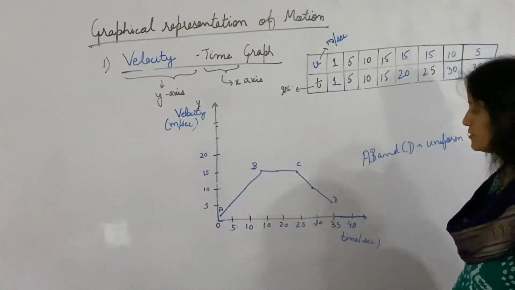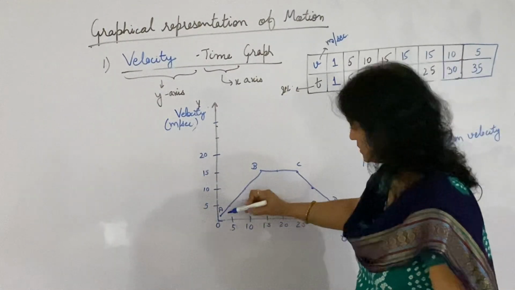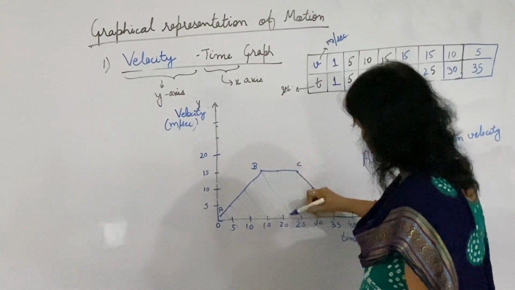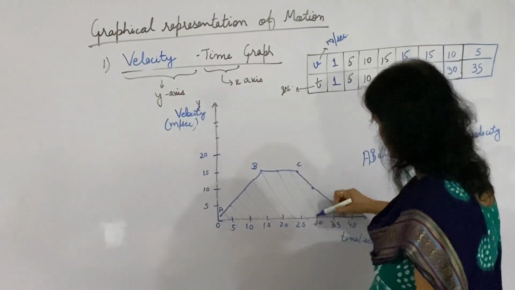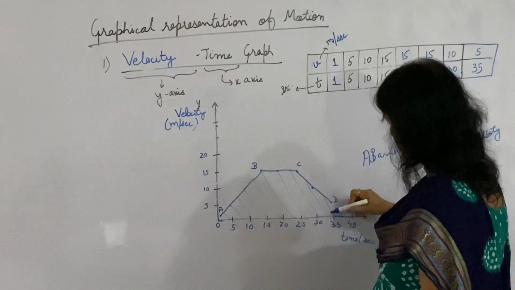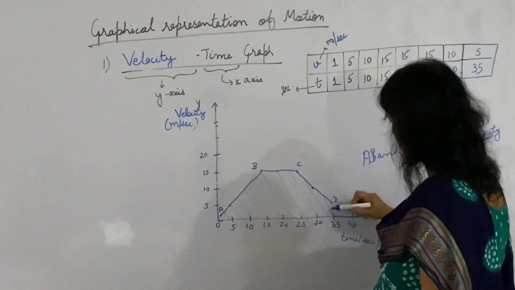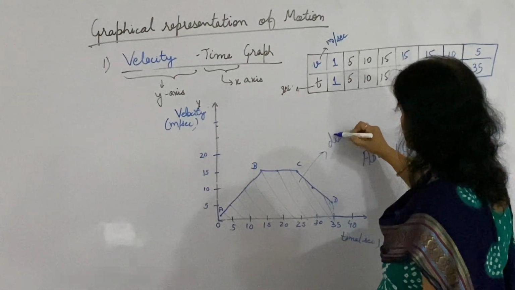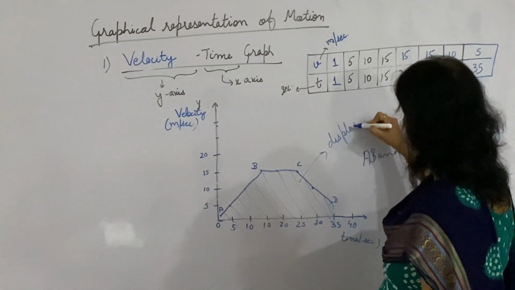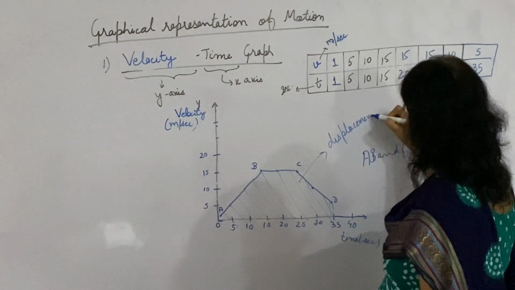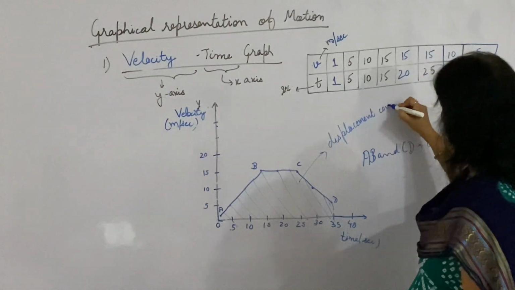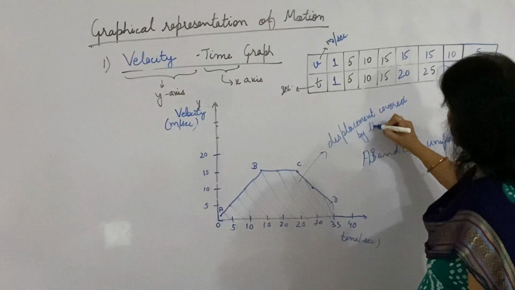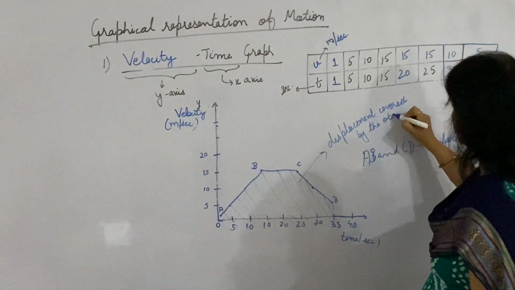The area under the graph, this shaded portion, represents the displacement covered by the object.